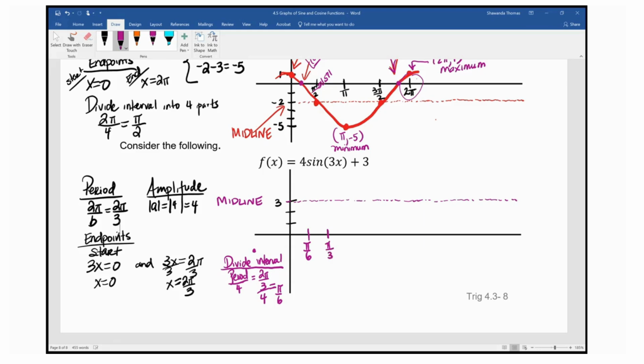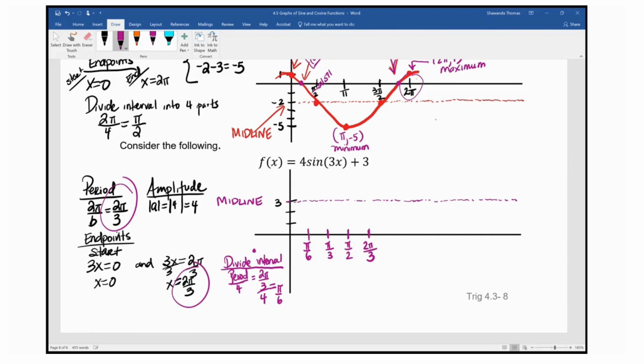Then we got 3 pi over 6, which reduces to pi over 2. Now we have 4 pi over 6, which reduces to 2 pi over 3. That's where we wanted to end, right? 2 pi over 3 because of our period here.